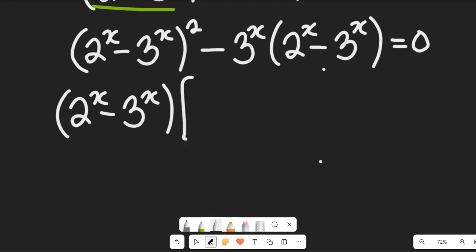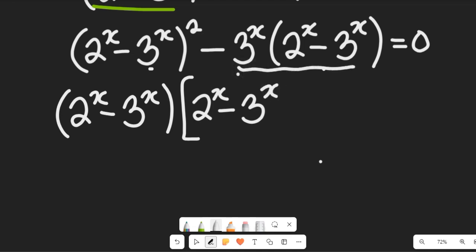So if all this is divided by this, I'm going to have one of that value remaining, and that is going to give me 2 to the power of x minus 3 to the power of x, right? Good. So if all of these are divided by 2 to the power of x minus 3 to the power of x, I'll be left with what?